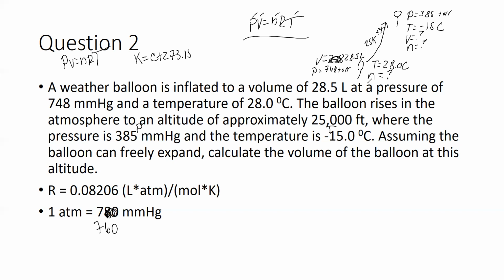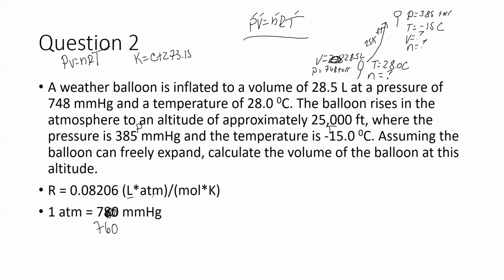So you can figure out how many moles of gas you have at the ground condition and use that for the higher condition. Or another way to put that is that when you're using PV equals nRT, you usually have one unknown and you want to solve for it. So let's do that in our ground conditions and solve for n.